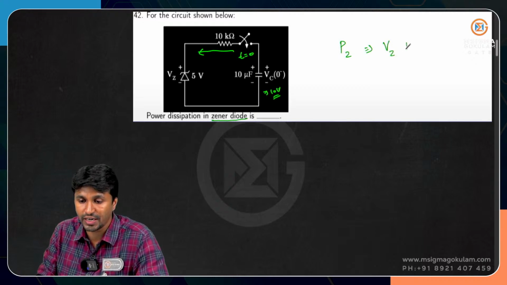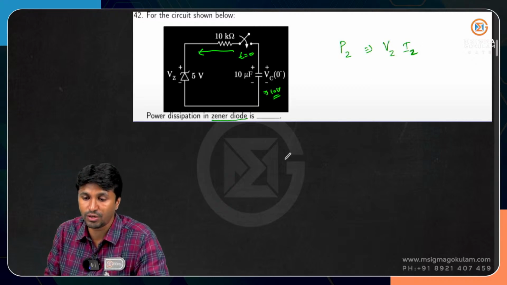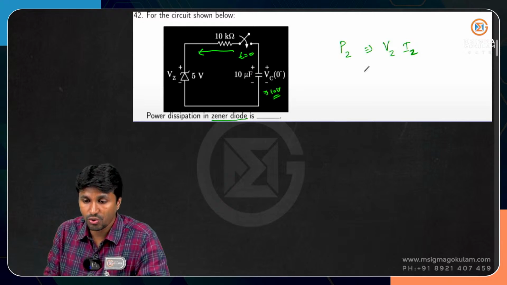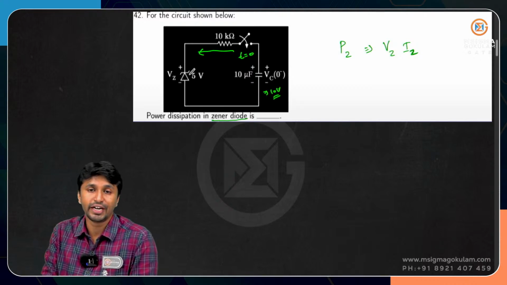So therefore Vz into Iz, right? Once the switch is closed, the current will start to flow, and at one particular point the Zener diode goes into breakdown, right?